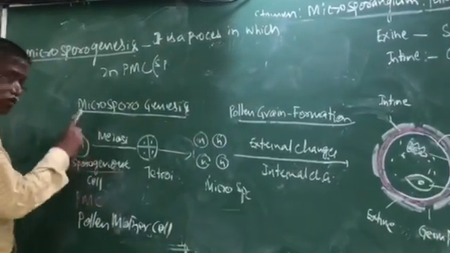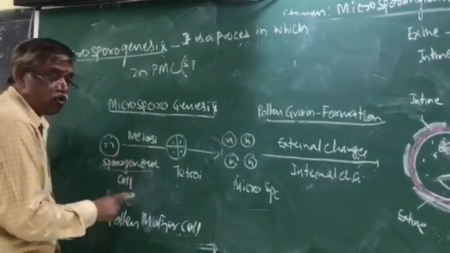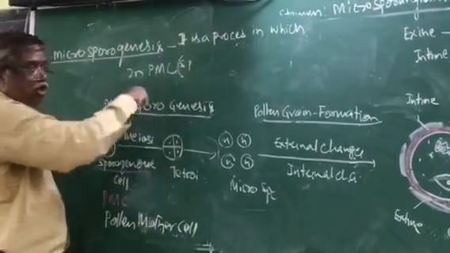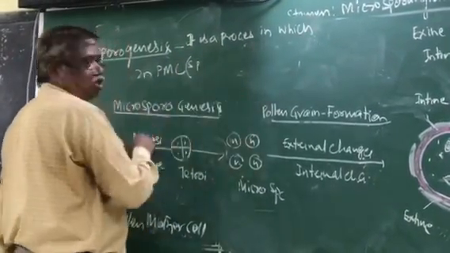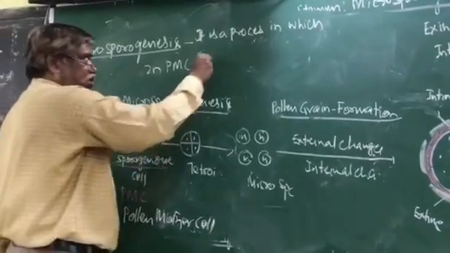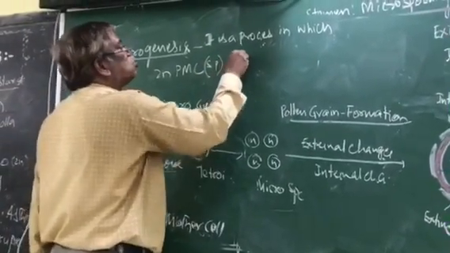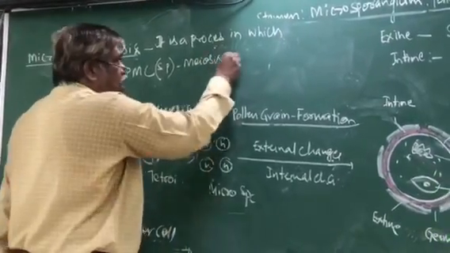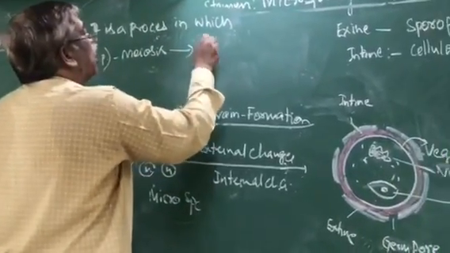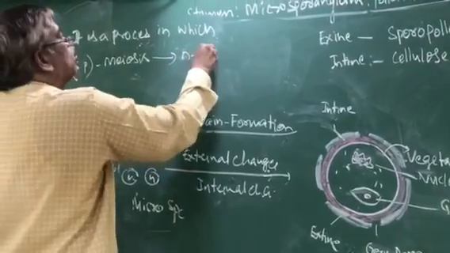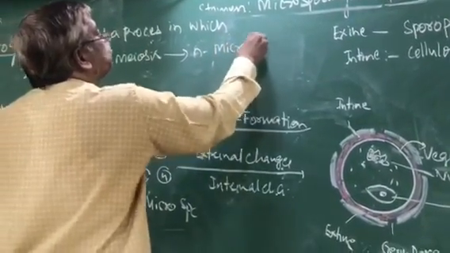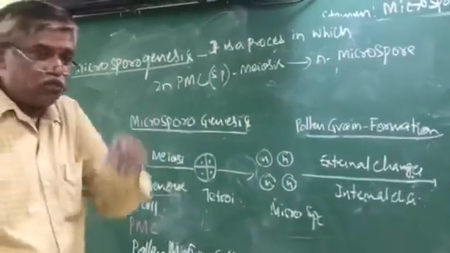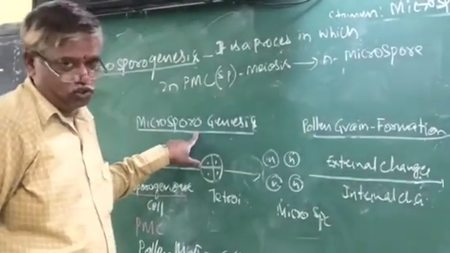Hence, each and every cell of the diploid sporogenous tissue acts as a pollen mother cell. Now, it is a process in which diploid PMC undergoes meiosis and forms haploid microspores.